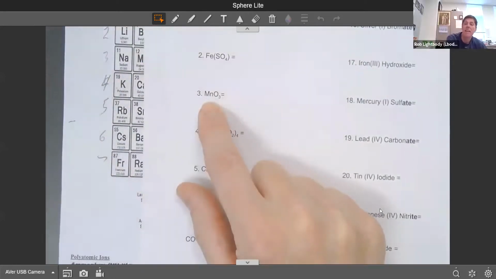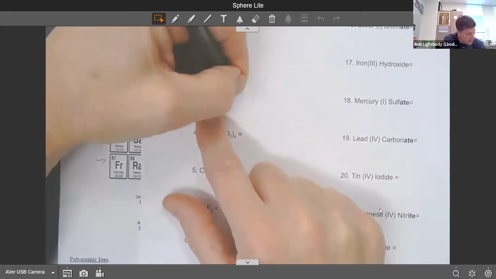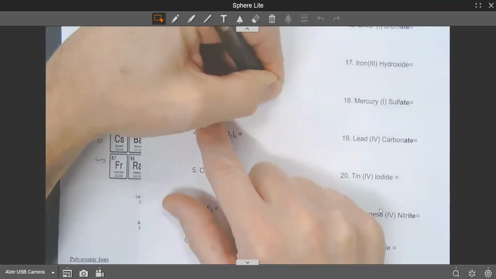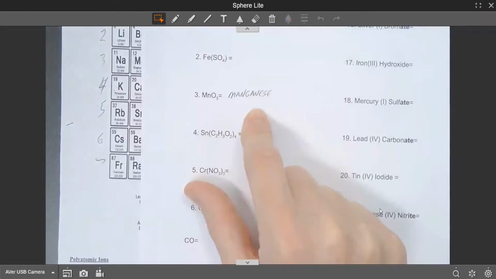Mn, mang. People confuse that with magnesium, Mg. So get that N and that G kind of straight. That's why I specify it in the name. And would it be manganese what? Oxide.